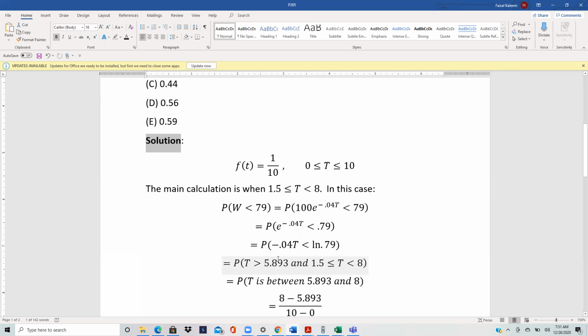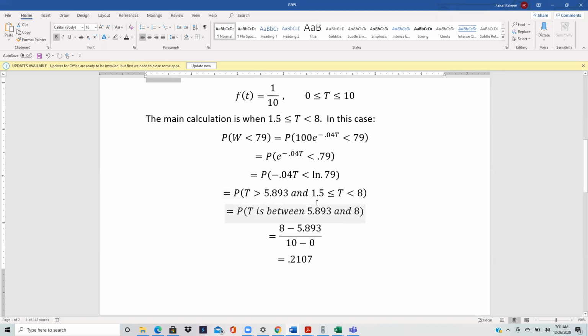Now when you combine these two, T has to be between 5.893 and 8. And the probability of that is the length of this interval, 8 minus 5.893, divided by the total interval length, 0 to 10. And that comes out to be 0.2107.